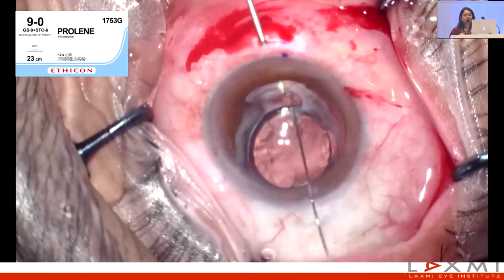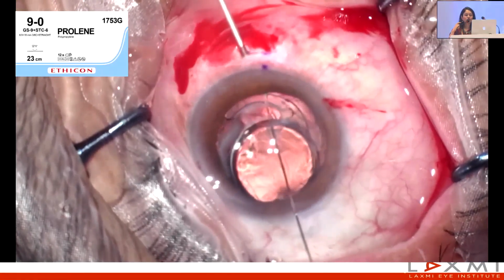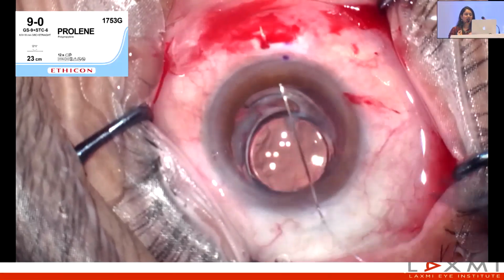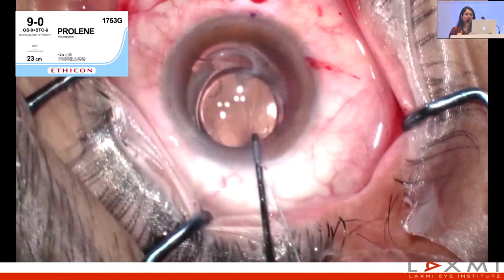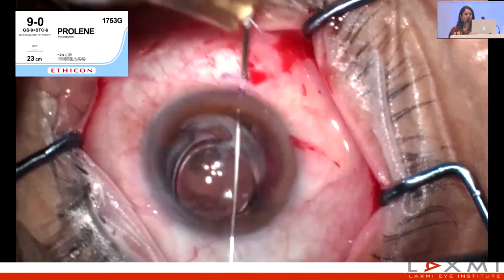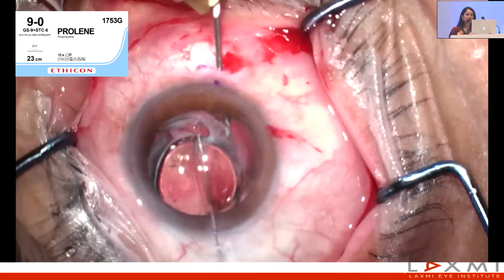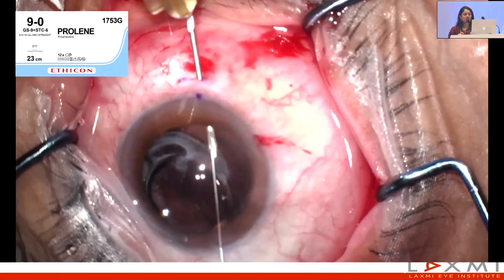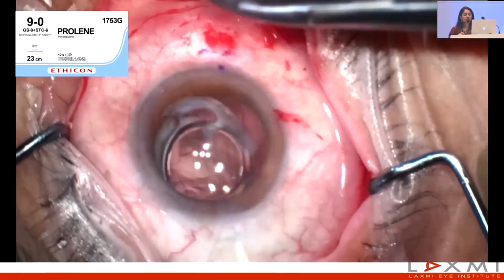Since the bag was fairly fibrous, we decided to do a belt loop sort of a suture just around the haptic that had come out or broken. So we just tucked the lens back into its original area, and then we used again a 9-0 Prolene with straight needles, and here we are using a 26 gauge needle 2 millimeters behind the limbus.